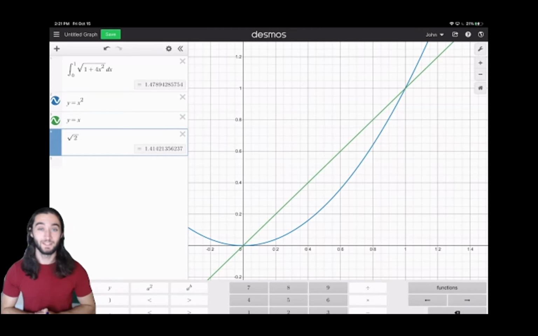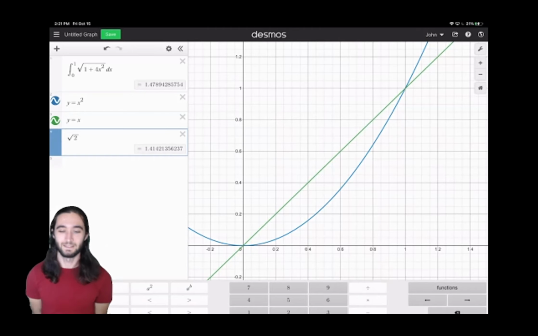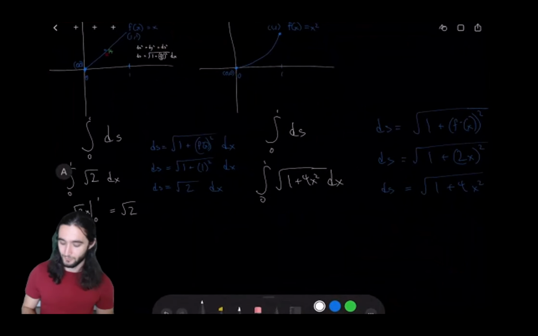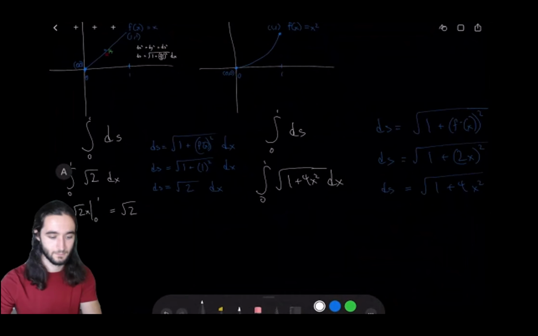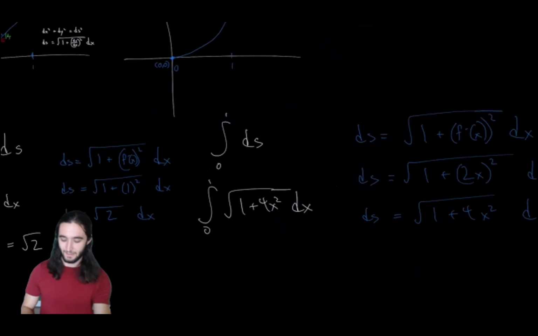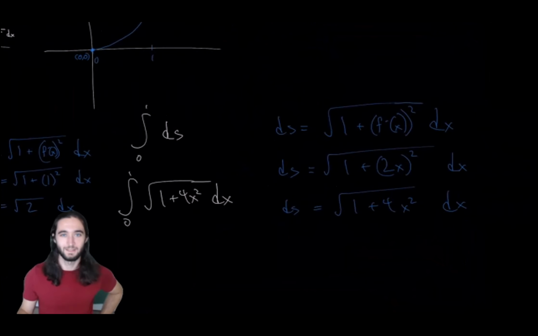So anyway, that's the arc length. That's how you calculate the distance along a curve between 2 points. And it involves this funny object ds, which is kind of at the heart of it.